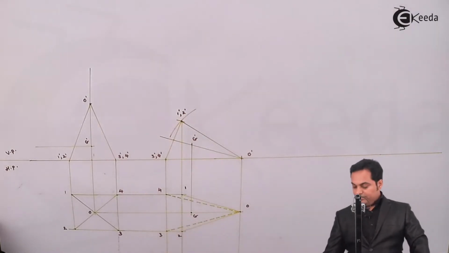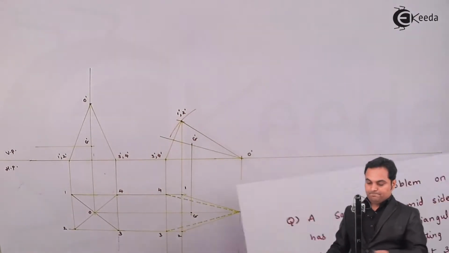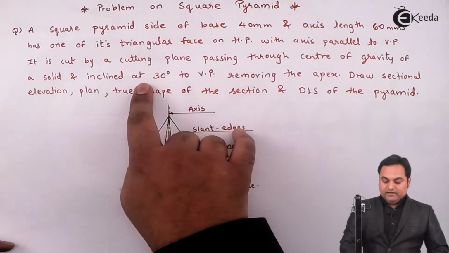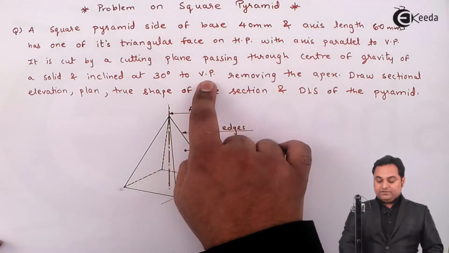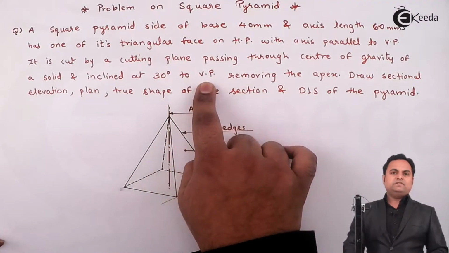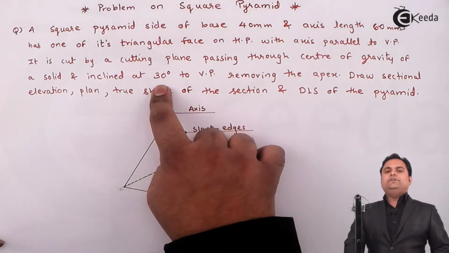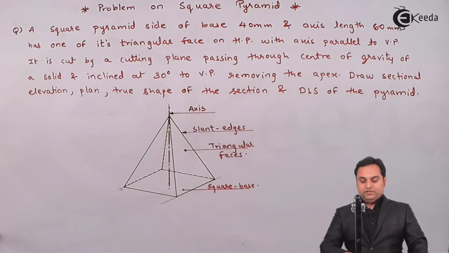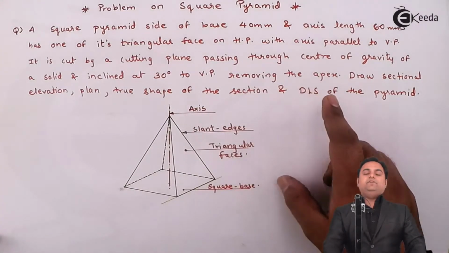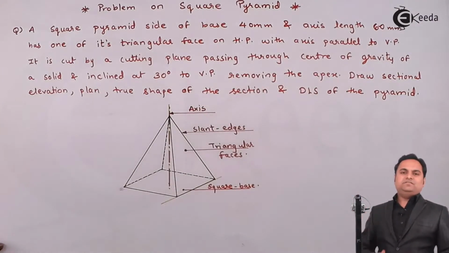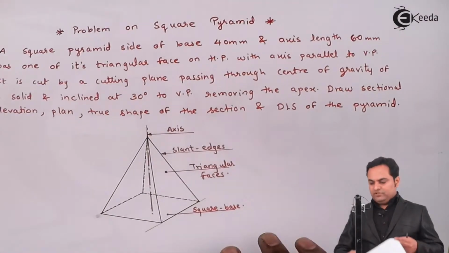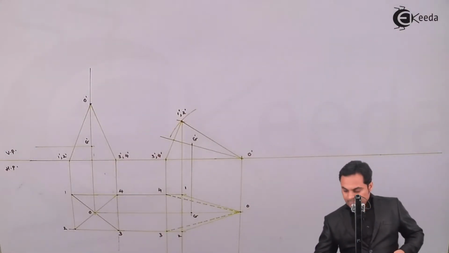Now I'll read the condition. Once the CG is located and inclined at 30 degree to VP, it means the cutting plane is passing through the CG, center of gravity. Inclined at 30 degree to VP, it will be seen in HP. Removing the apex, it means we have to adjust the cutting plane in such a way that apex is removed.